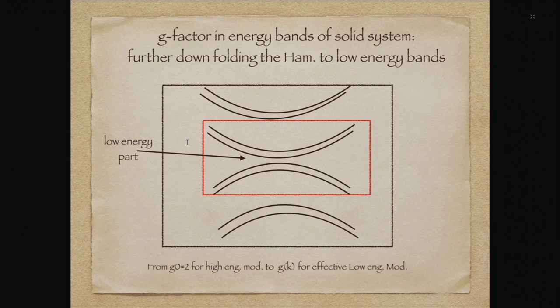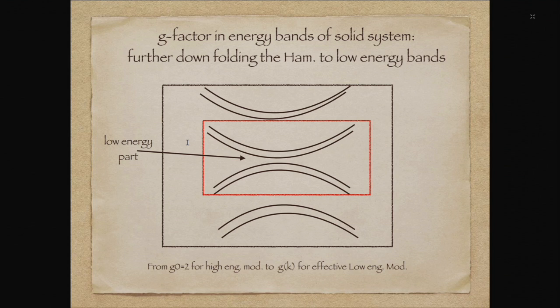So the convenient way is we try to downfold this full Hamiltonian into some low energy effective Hamiltonian, which only includes several different bands. For example, if the system has an energy gap and we are only interested in the low energy states near the Fermi level, we need to downfold it into just the lowest two bands, which are degenerate without a magnetic field, right?